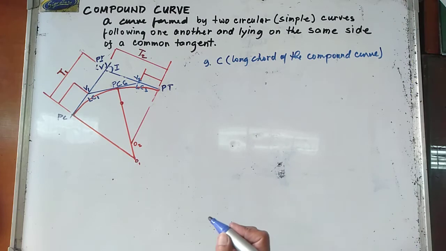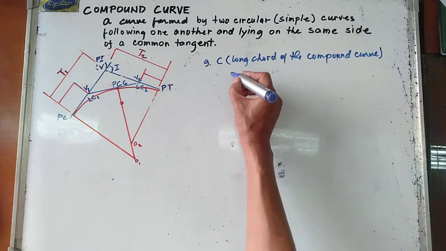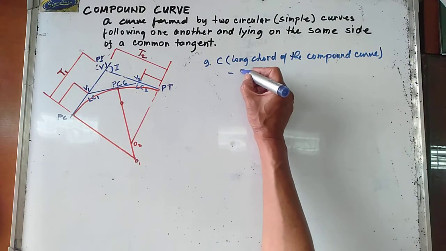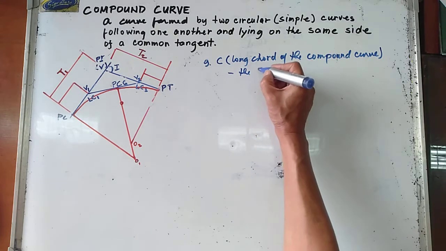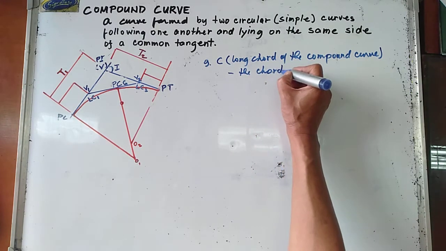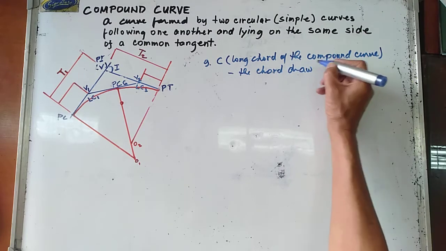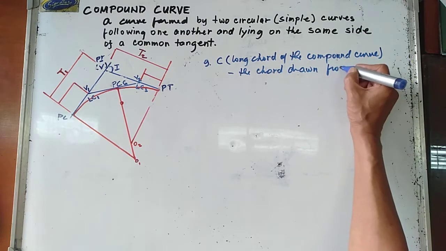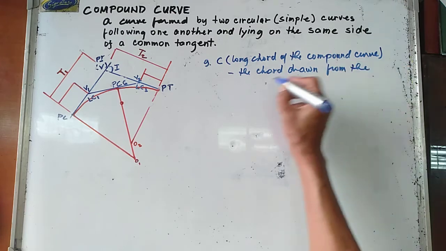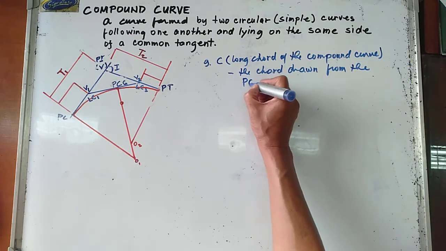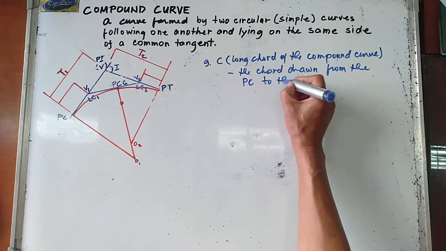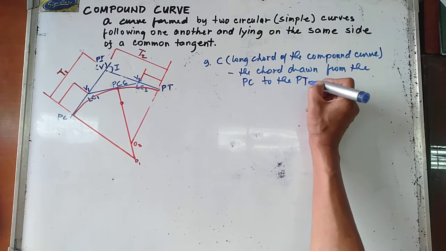So the long chord of the compound curve is a chord drawn from the PC to the PT.